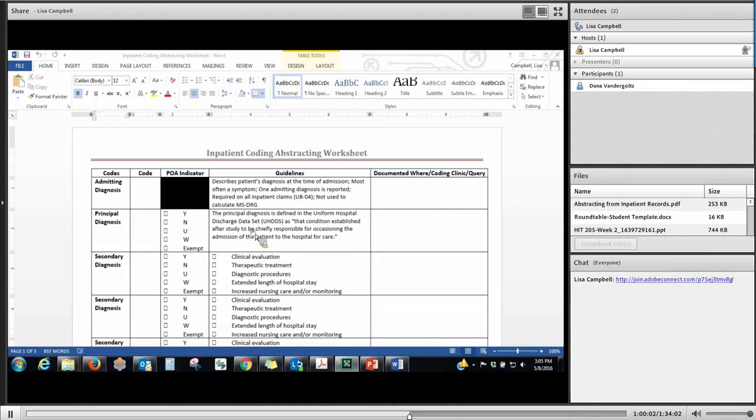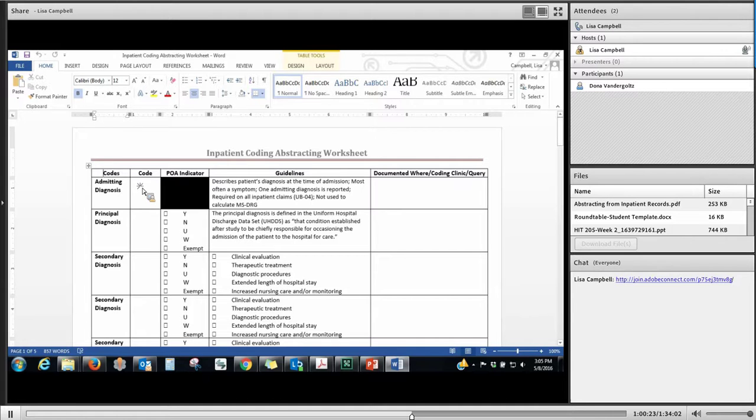You will also notice that I have a blank spot for you to document where it was documented, if there was a coding clinic that assisted you in arriving at your decision, or if you need to query. Typically for the admitting diagnoses, there is no need to query.